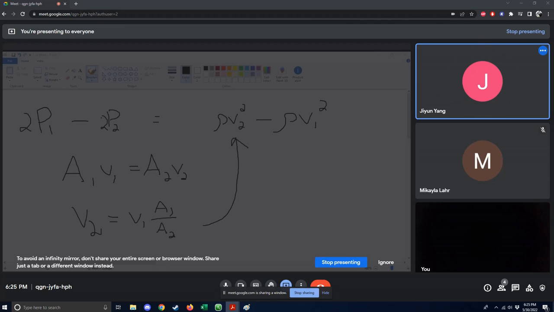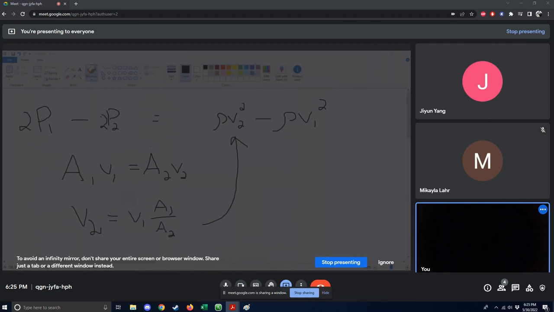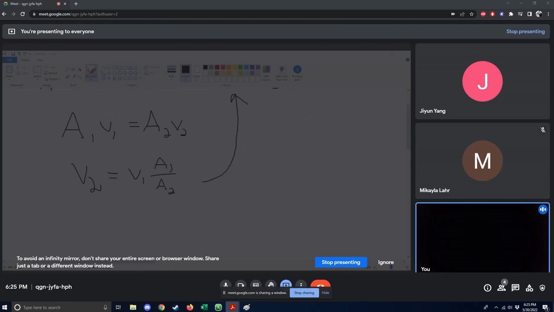Now, one of the interesting things I'll say about this question is that if you didn't solve it the way they did, if you solve this, you get something that looks like this. Let me actually change my handwriting.